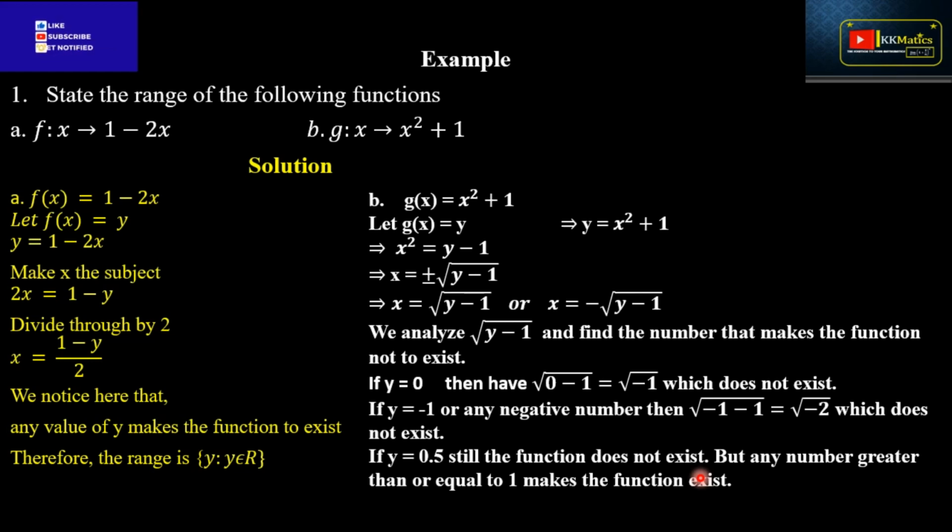So therefore, we conclude that the range is the set of y where the function will exist everywhere in the real numbers except when y is less than 1. So this becomes our range of the function here.